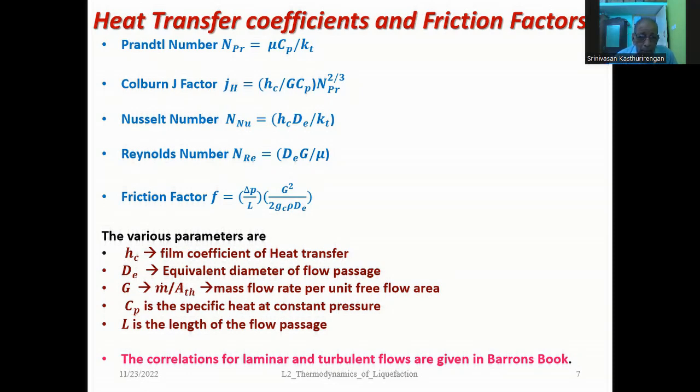N Reynolds is dE G by mu. In other words, dE is the equivalent diameter of the flow passage, G is the mass flow rate per unit free flow area, divided by mu, which is the viscosity. You can also write the Reynolds number as rho V d by mu, and both will be the same.